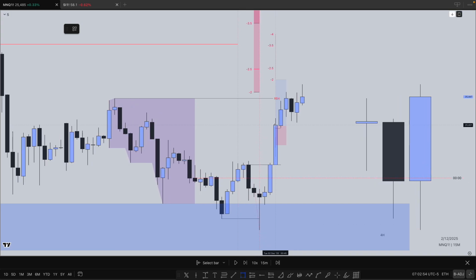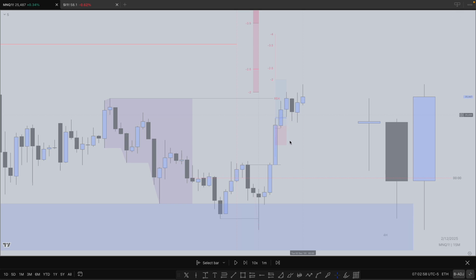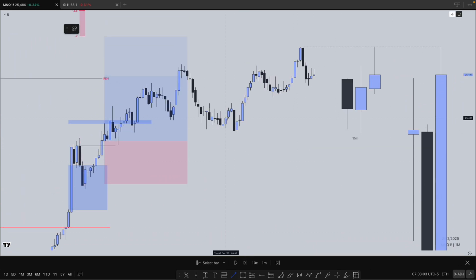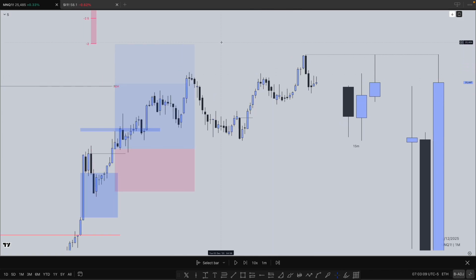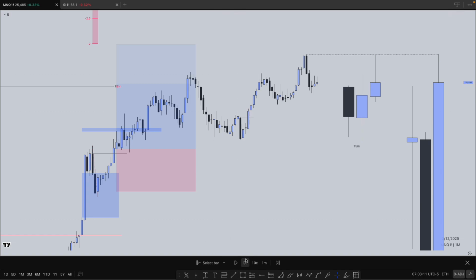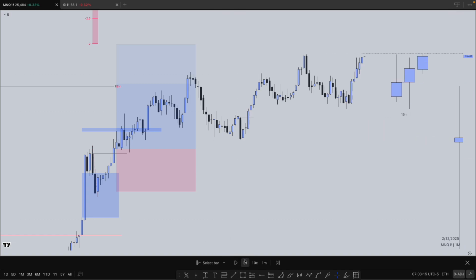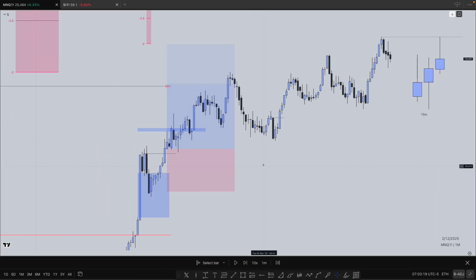And this was just a continuation model on the 15 minutes. You can see price had traded into that fair value gap. We had the change in state of delivery here. We made relative equal highs over here, and then we continued to head towards that standard deviation target, which it eventually got to over here. And you can see there's the executions.